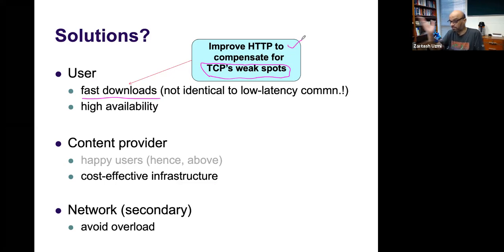There are some weak spots that you can probably compensate by using HTTP. So for example, TCP limits the bandwidth, the rate at which you can download the data. Why does it do that? Because the network is a shared resource. If they give all the bandwidth to you, what would the other guys do? The other guys will be very unhappy. So TCP is a fair kind of a protocol.